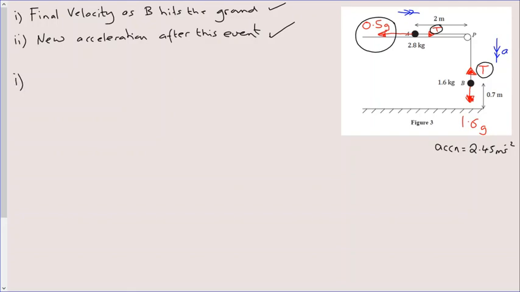So let's have a look at that first case. I know s is 0.7, u is 0, a is 2.45, and v is what I want to find. I can then substitute that into my equation.